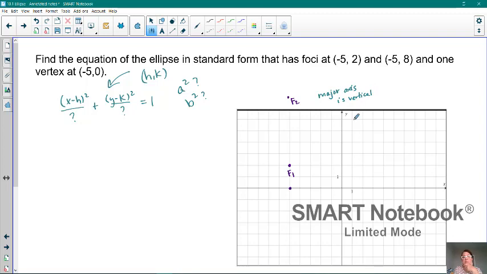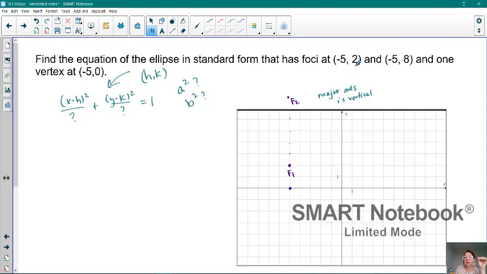I'll just hold on to that for a minute. I also know that there's that symmetry involved. I know that the foci are, you start at the center and you go away from it up and down or right and left depending on how it goes. So I had to have gone up and down the same amount from a place to get to these foci. Well, they are 1, 2, 3, 4, 5, 6 apart.